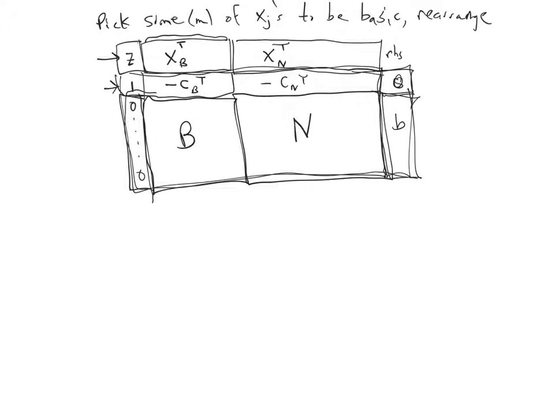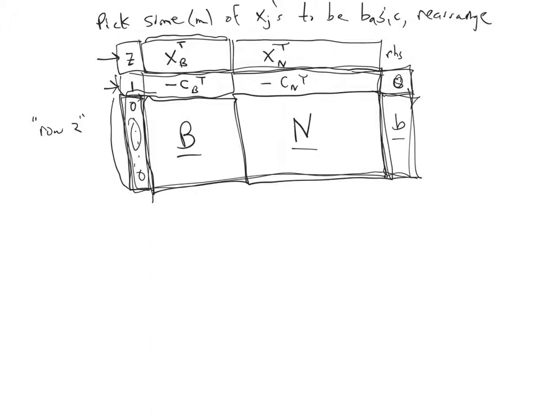So what are we going to do? The first thing we're going to do is multiply this row. We think of this as, in the notes I put quotes around it, row 2. So we just call this the 0 vector, B, N, and little b.